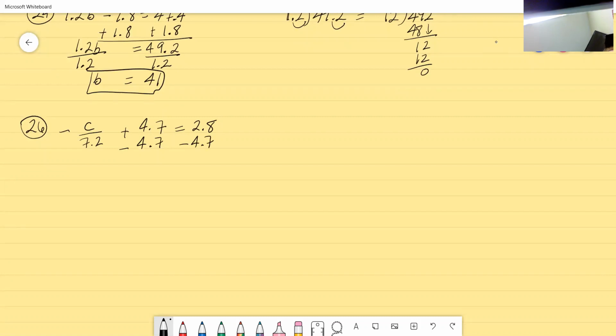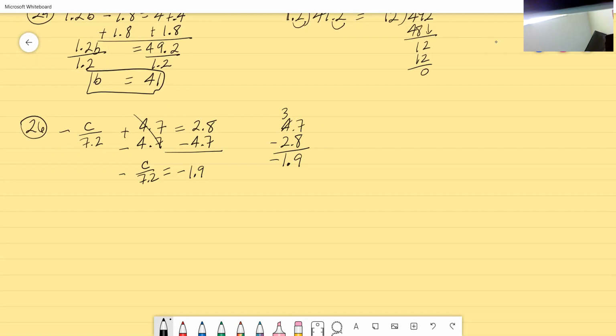And we're left with negative c over 7.2 equals, so these are unlike signs. So 4.7 minus 2.8, 17 take away 8 is 9, 3 take away 2 is 1, and it's a negative 1.9.